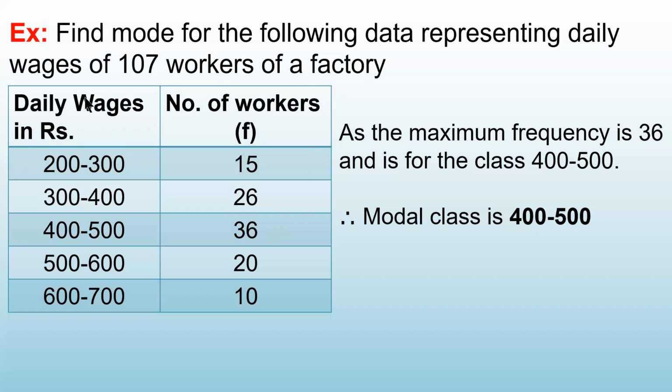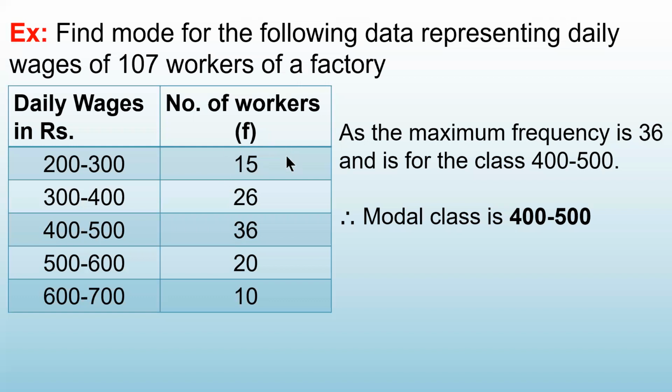Look at this data. The first column is giving you daily wages in rupees, and the second column is giving you number of workers जिनका daily wages falls between this class. So 200 to 300 के range में there are 15 workers. So frequency of this class is 15. What do you understand?